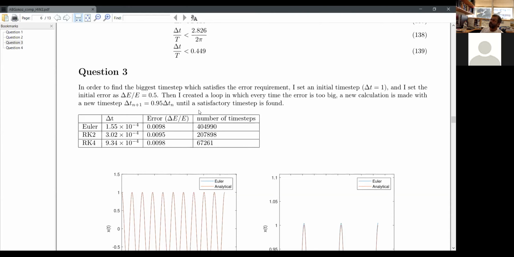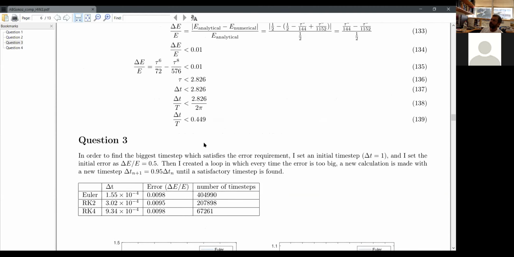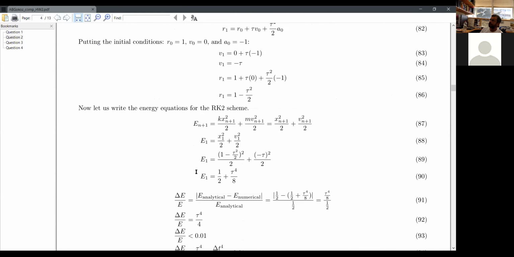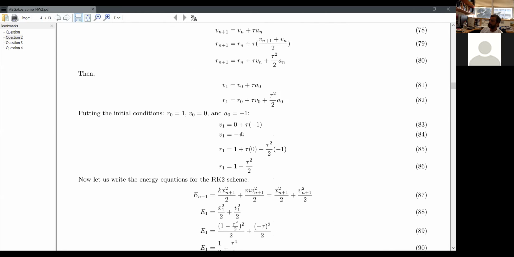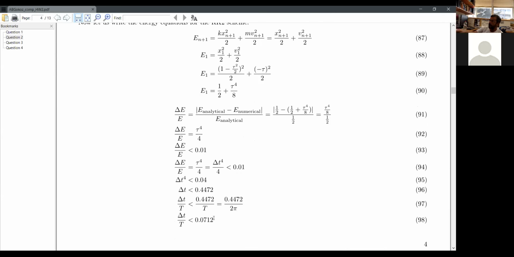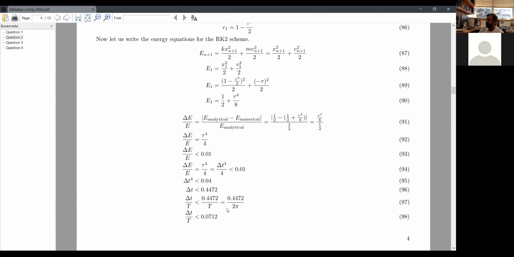What was in question 2? What did you derive for the relation between the error and the time step? For Runge-Kutta, this one. Yeah, right, this is correct. So what I suggest is that you check just one time step.